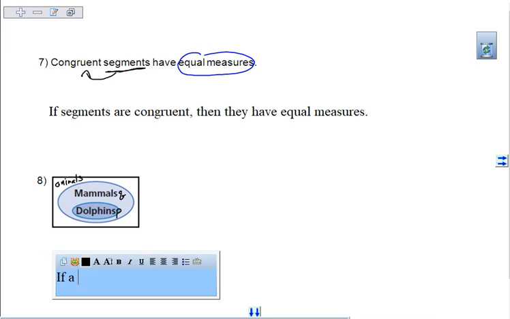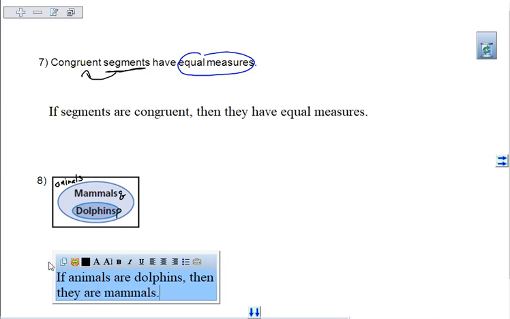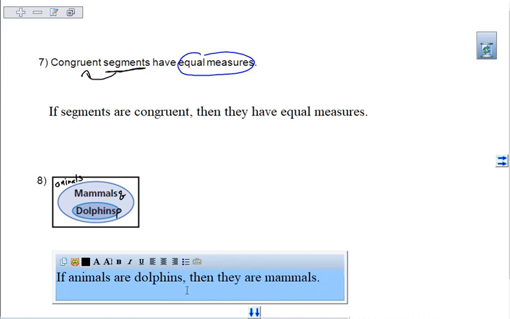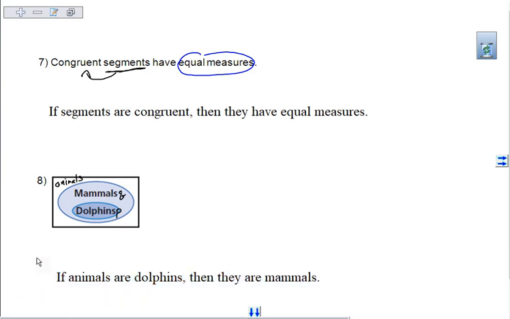If animals are, what's our hypothesis? Dolphins. Then our conclusion, they are mammals. Remember that all of your sentences need to start with a capital letter, specifically a capital I. You need a comma before the word then, and a period at your end.